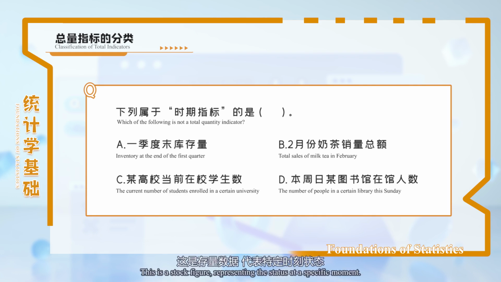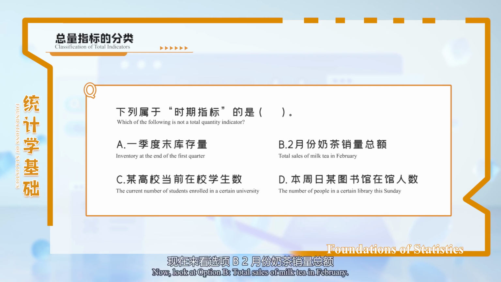This is a stock figure, representing the status at a specific moment, so it is a point-in-time indicator. Option C, the current number of students enrolled in a certain university. Current means the present moment. This is also a point-in-time indicator. Option D, the number of people in a certain library this Sunday. This refers to the headcount at a specific time on Sunday. Therefore, it is also a point-in-time indicator.